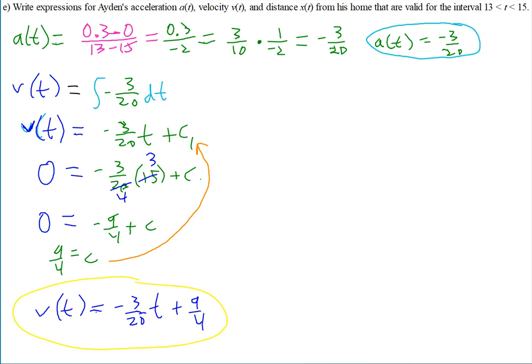And then finally, the last one we need is position, or distance from his home. So x of t: to go from velocity to position, you have to integrate velocity. Now we know what the velocity is, so here we're going to have to integrate negative 3 over 20 t plus 9/4.